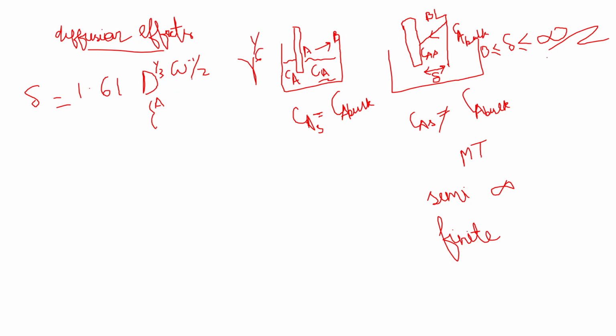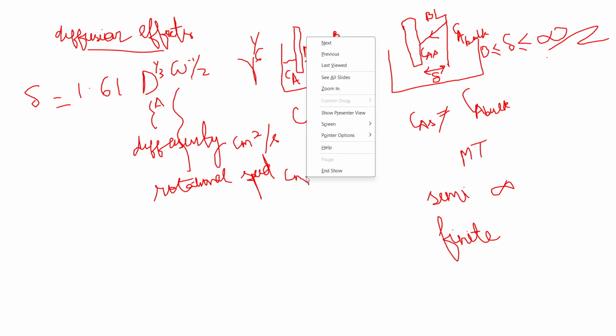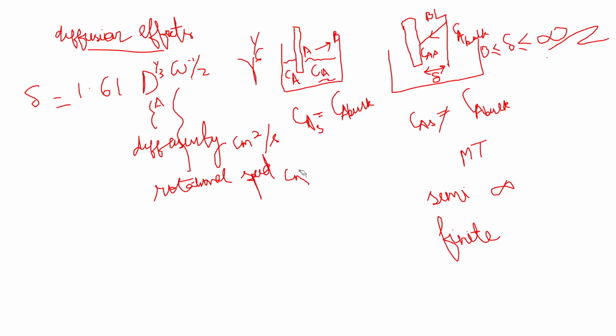Here, this is the diffusivity in the unit centimeter square per second, and this is the rotational speed in radians per second. The units are very important because the value 1.61 is calculated based on these particular units.